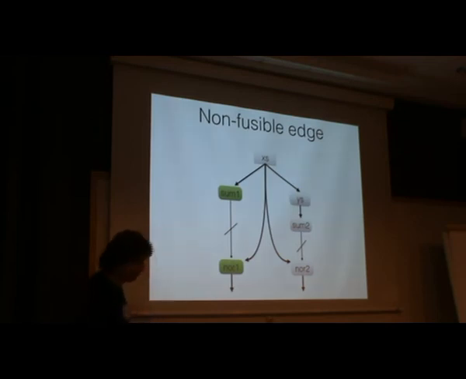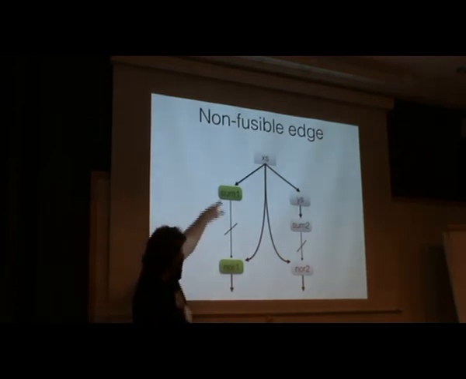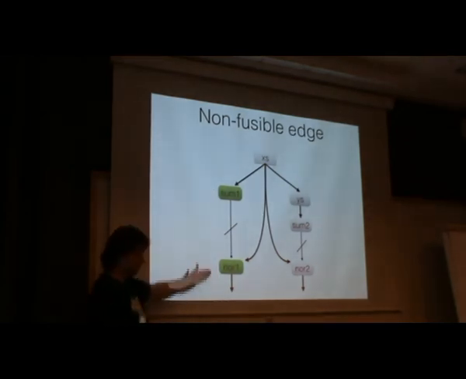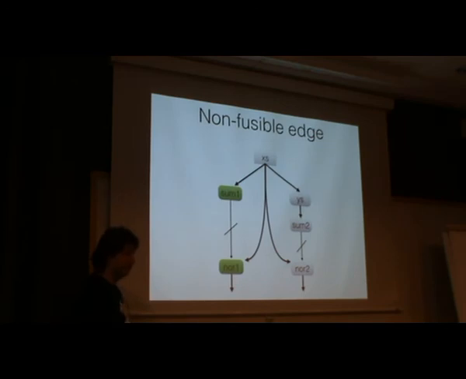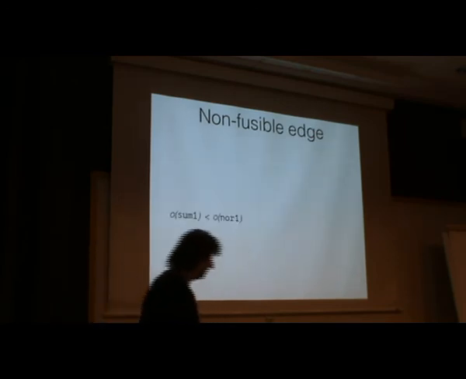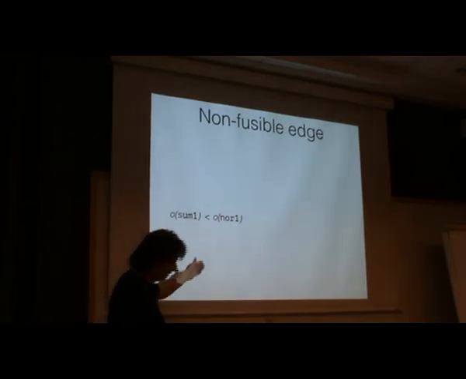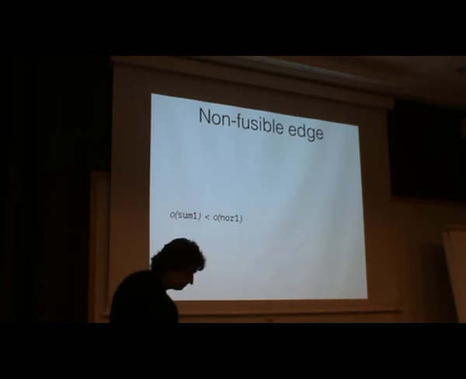So if you've got a non-fusible edge, then you just say that, well, sum1 must be before nor1 in the topological ordering, because they're not going to be fused together. And we just express that as the order of sum1 is less than the order of nor1.